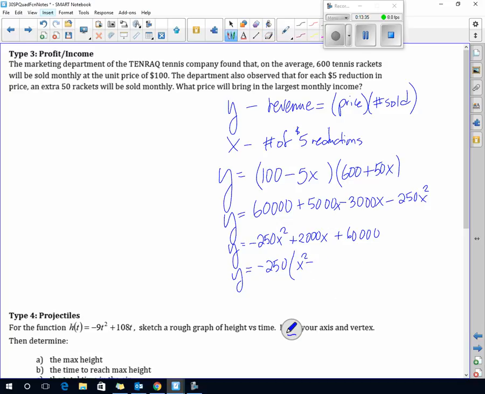So x minus 4 squared is 16. So now this might be a little bit harder. Does everybody see that there's 4 quarters in $1, and 4 goes into 16 4 times, right? So what would 250 times 16 be? 4,000.